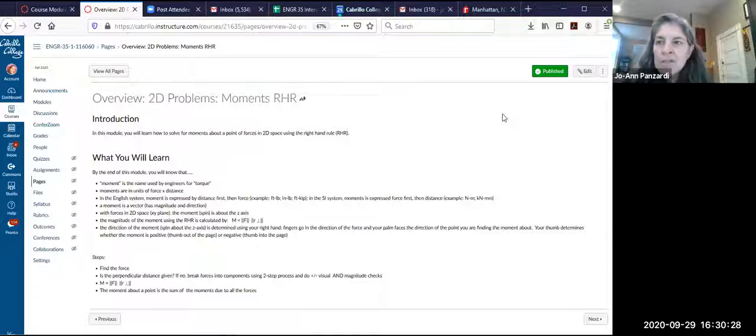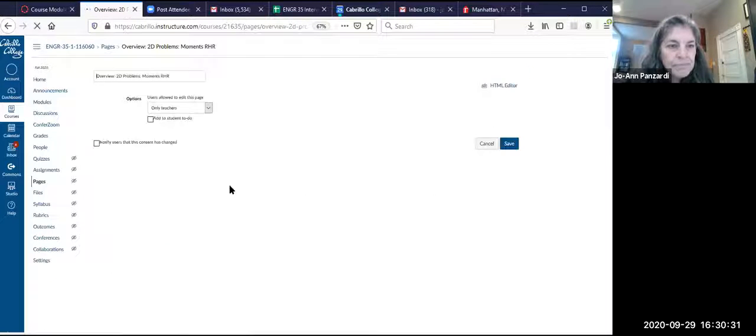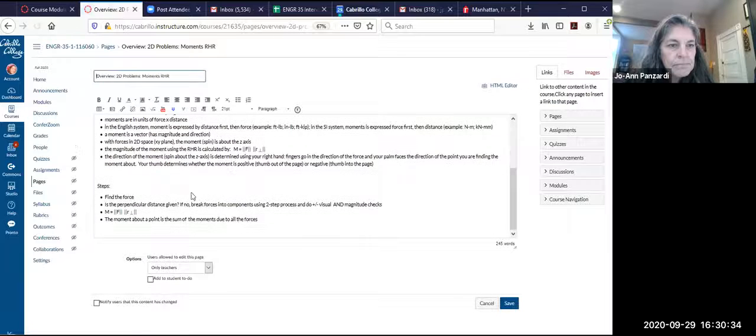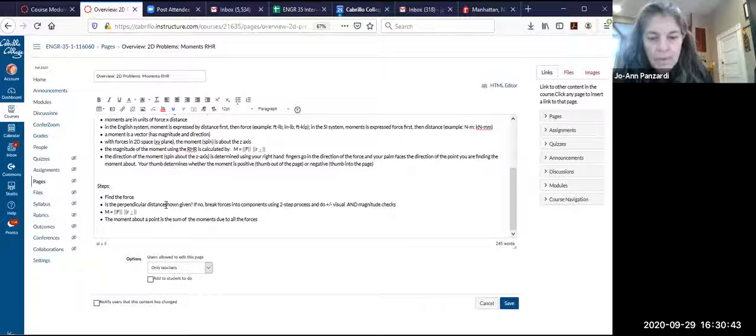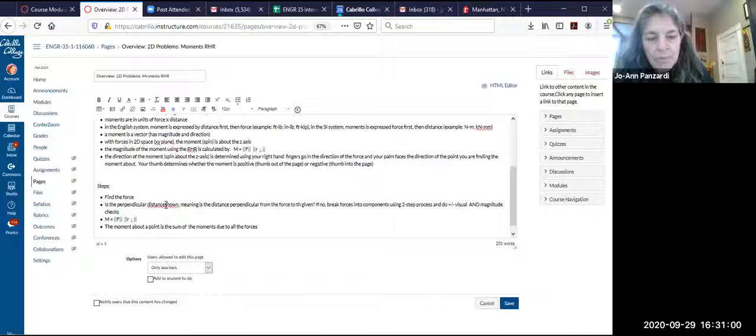Let me write that better. Is the perpendicular distance shown, meaning is the distance from the force to the point I am trying to find my moment about given?